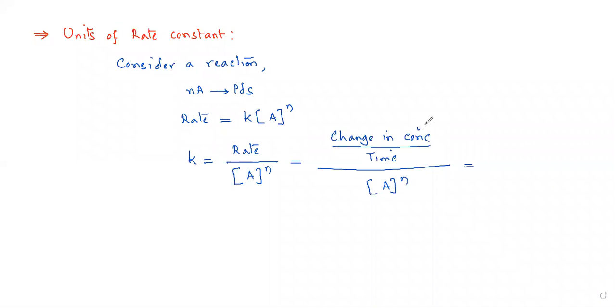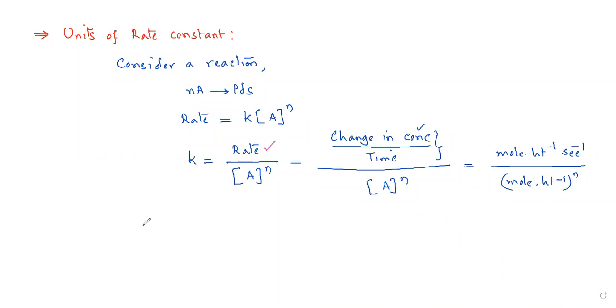Now, this is concentration. In general, we consider molarity, mole per liter, by time, you can consider per second, let us say. So, mole per liter per second is the unit of rate, by, again molar concentration. So this can be given as mole per liter to the power n.